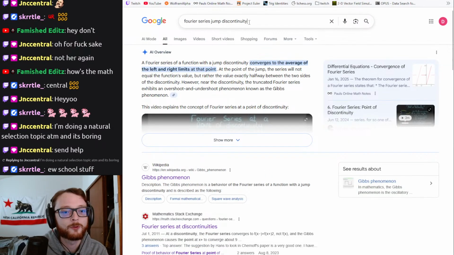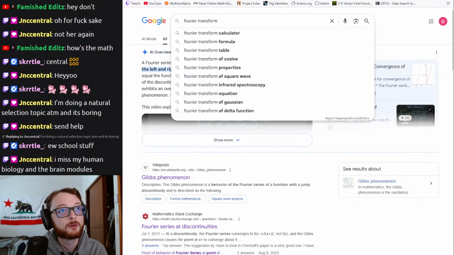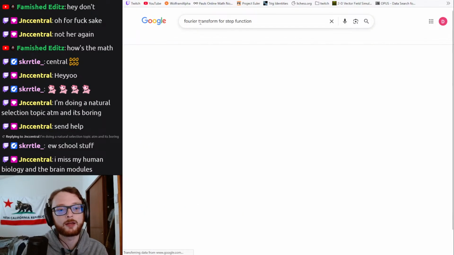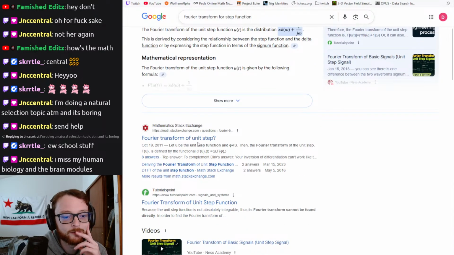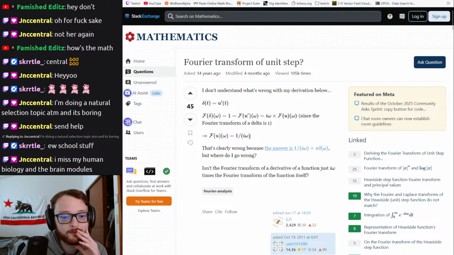This is annoying. Fourier transform for a step function. I just want to see someone do this calculation for a step function.